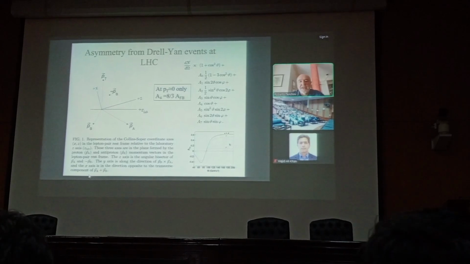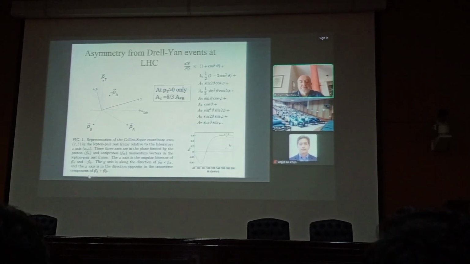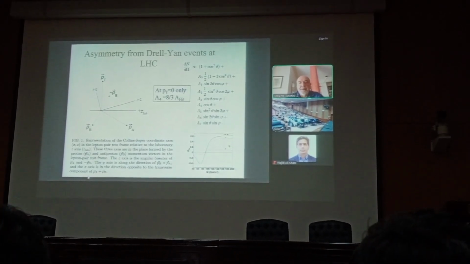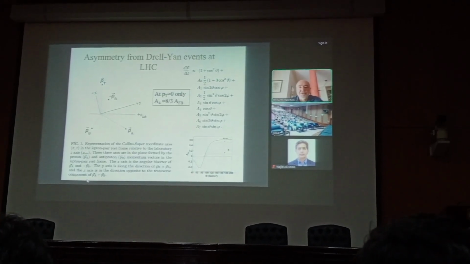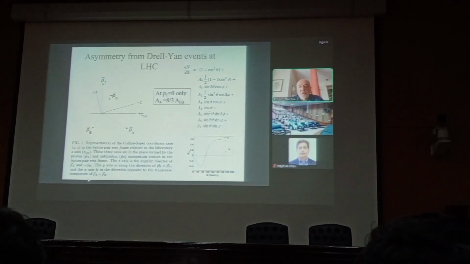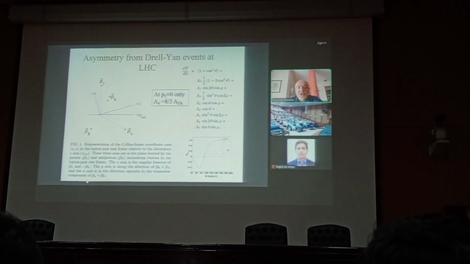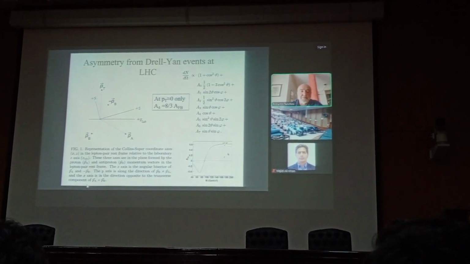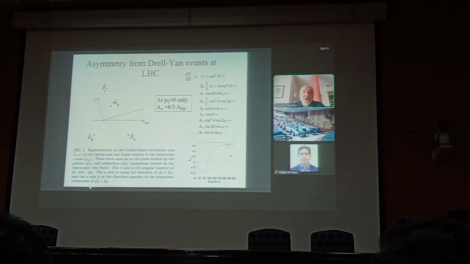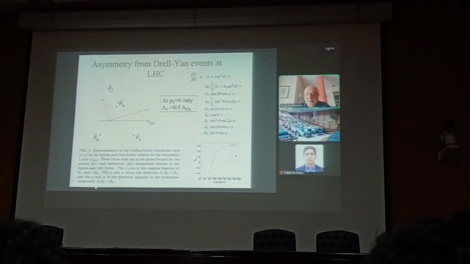The differential angular distribution has many parameters, but if pT of the Z is low enough, essentially we have only one relevant parameter, which is related to the forward-backward asymmetry. So as you can see, it's a bit more complicated in hadron colliders, the measurement of the asymmetry.